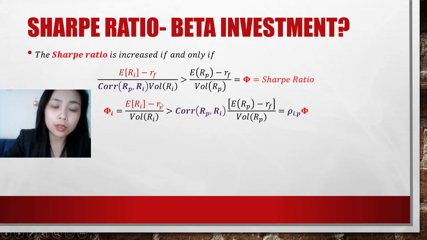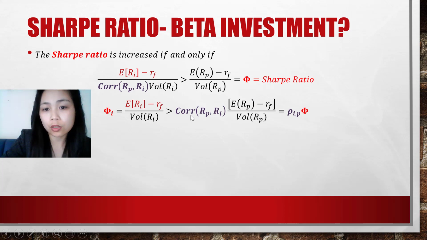By doing so, the left-hand side becomes the Sharpe ratio of investment I, and the right-hand side is a product of the correlation between RP and RI and the Sharpe ratio of the portfolio. And I can use a different notation for correlation. I use rho IP as the correlation between RP and RI. This is just a notation for convenience purposes. It doesn't make any difference.